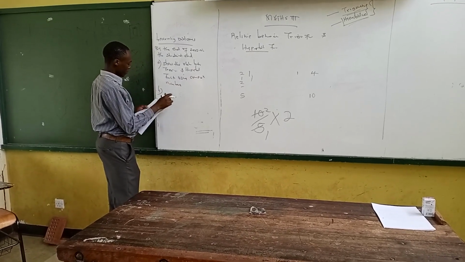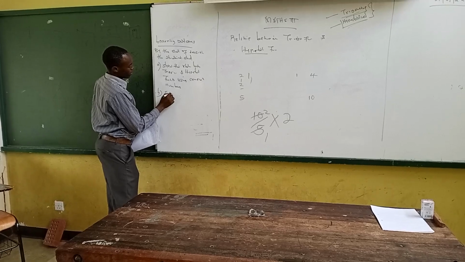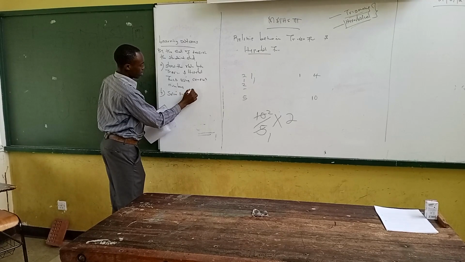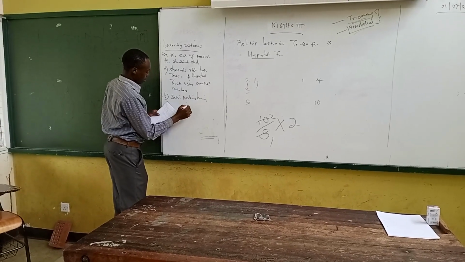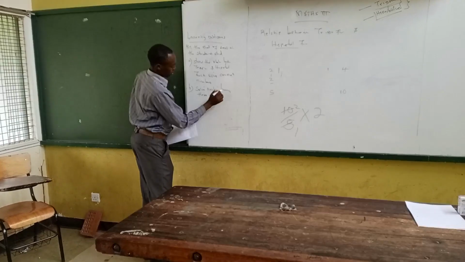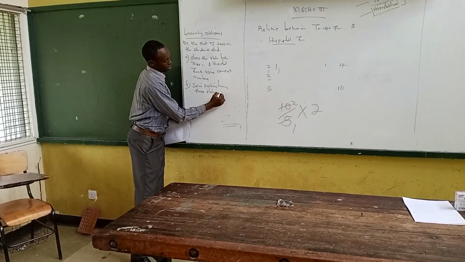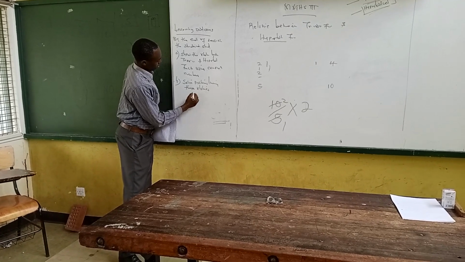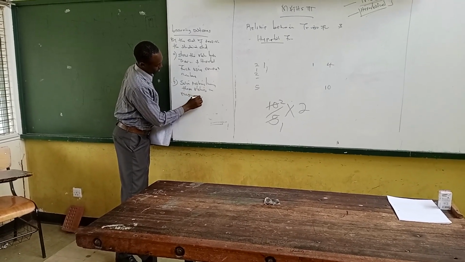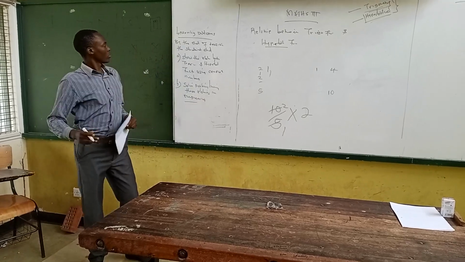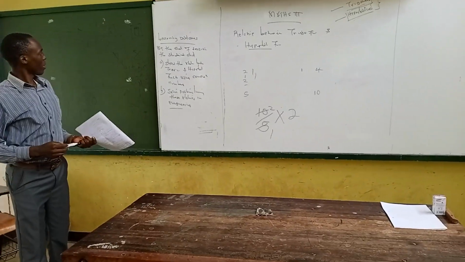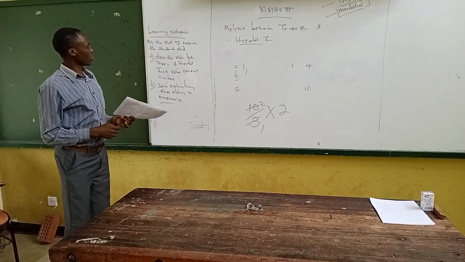Number two, should solve problems involving these relationships in, let's say, engineering. Those are our two objectives which we want to try and achieve by the end of this session.